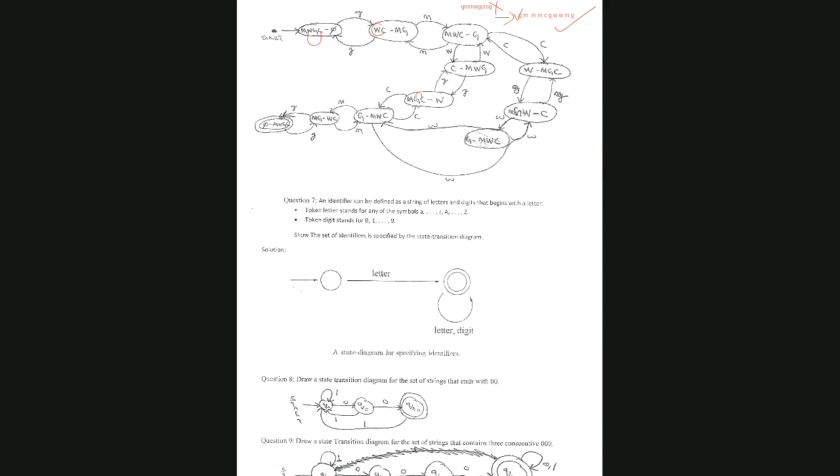An identifier can be defined as a string of letters and digits that begins with a letter. I'll give you an example, because if I give examples you will understand nicely. An identifier is a string of letters and digits that begins with a letter. So suppose I give A123.